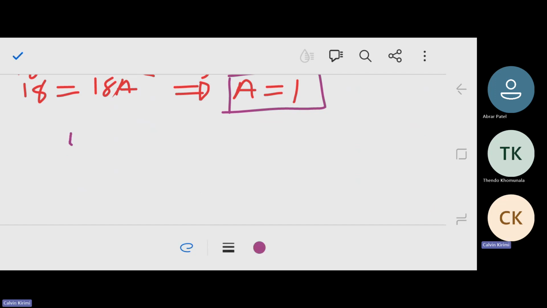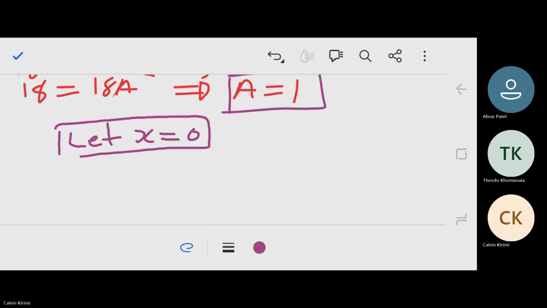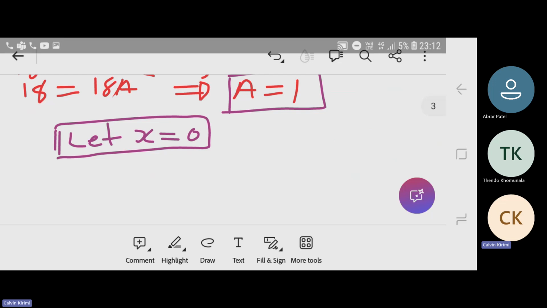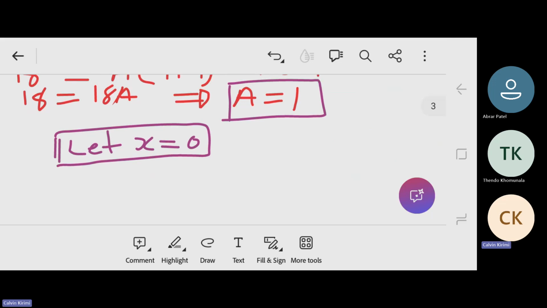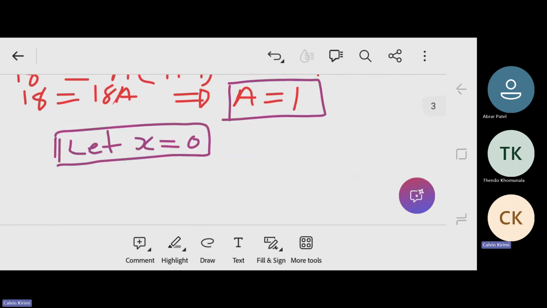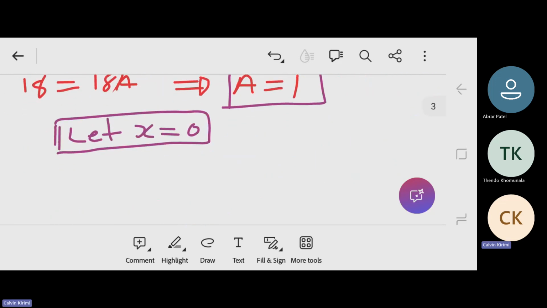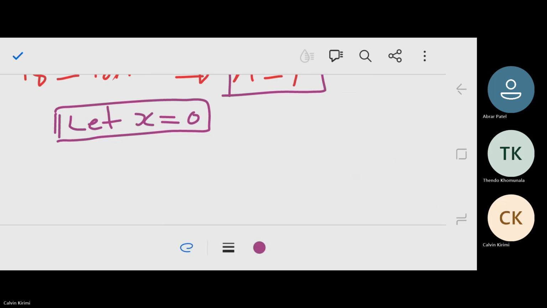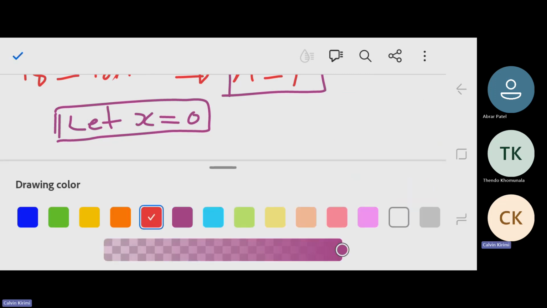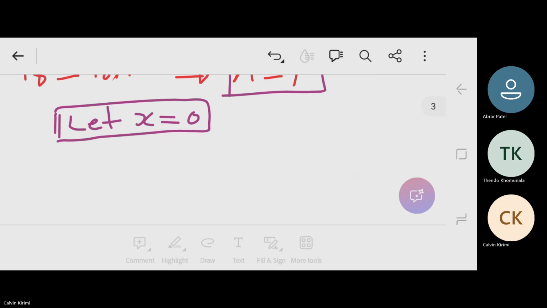So we let x equal to 0. After letting x equal to 0, we see which one is going to go and which one will be left out. On our expression, what are we going to write if x is equal to 0?